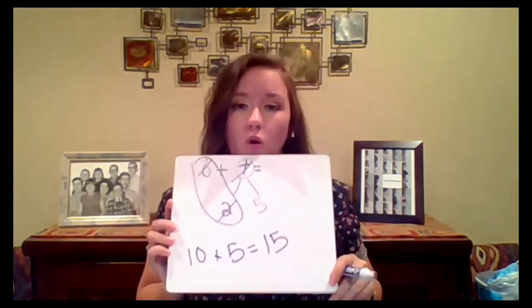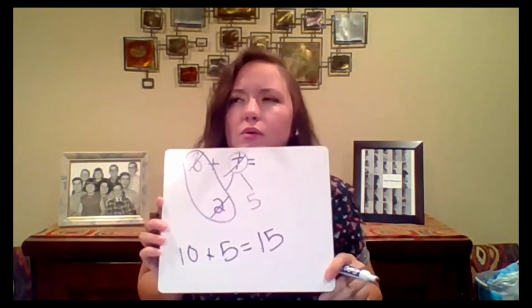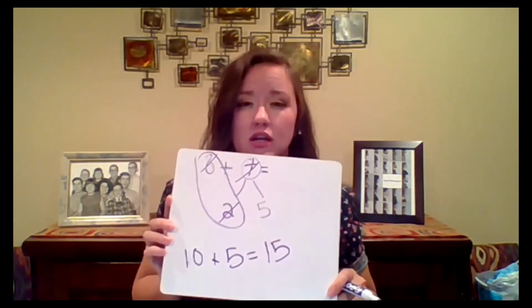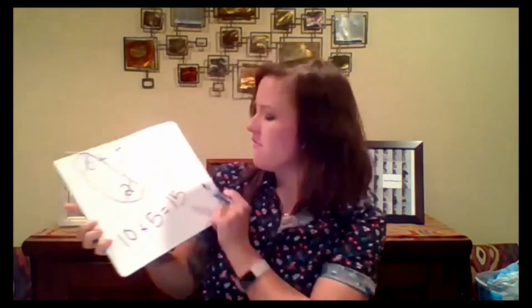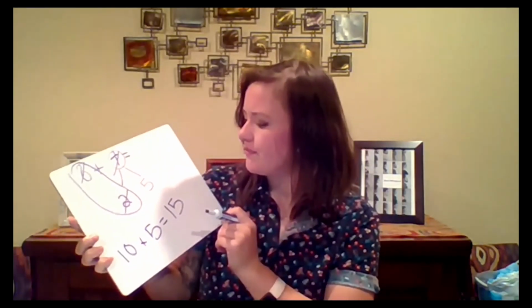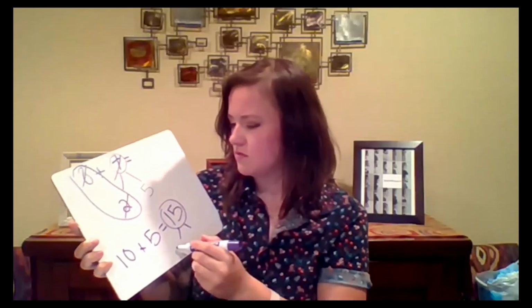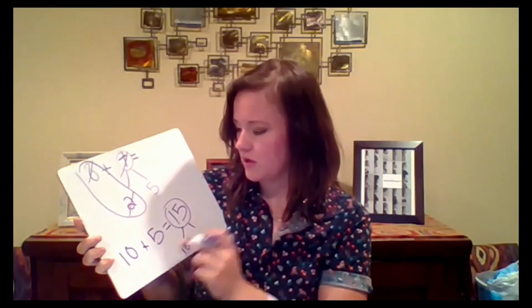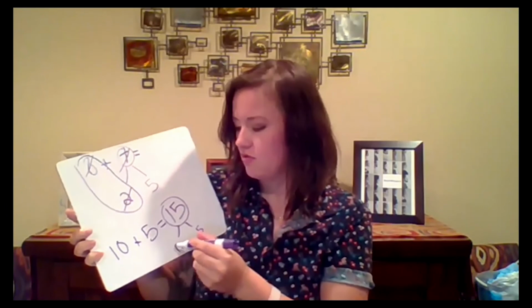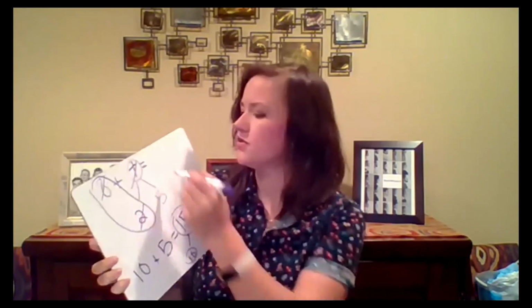Nice job. But now, the last part of our equation. How can we break up 15 into 10s and 1s? So I'm going to do, we have 10 on this side, and then we know that 5 goes on this side. So we have one group of 10 right here. So we have 1 10.